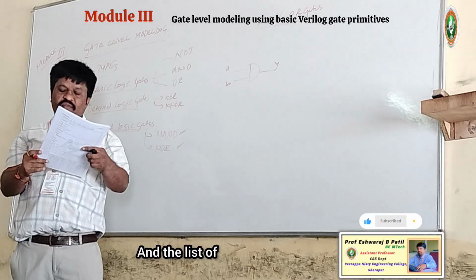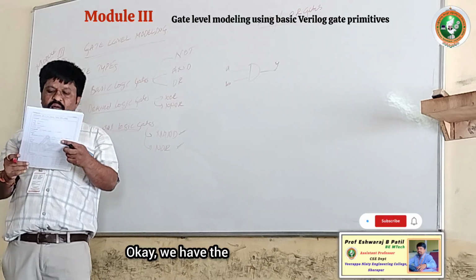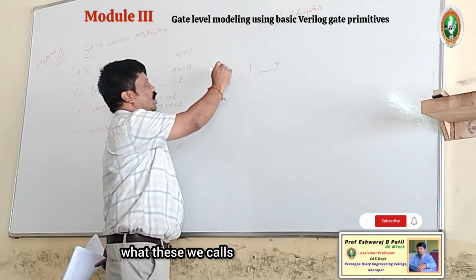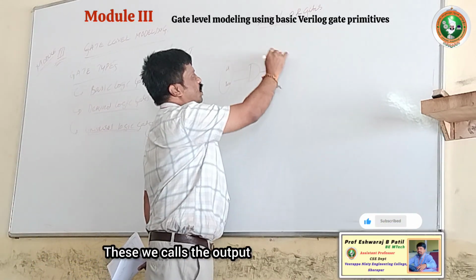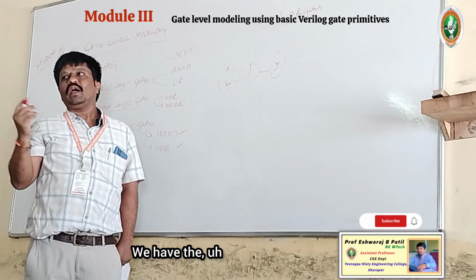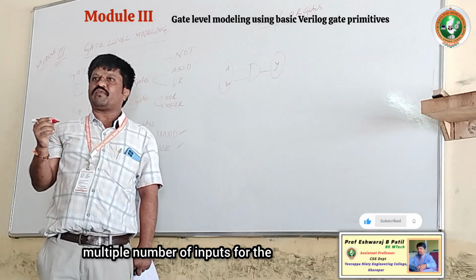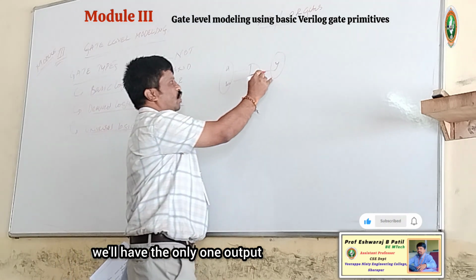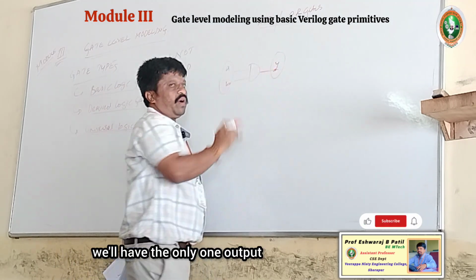We have some terminals also: the terminals we call the inputs, and this we call the output. We have multiple inputs for all the logic gates, and we will have only one output. For every gate we will have only one output.